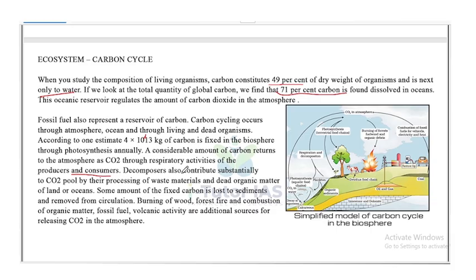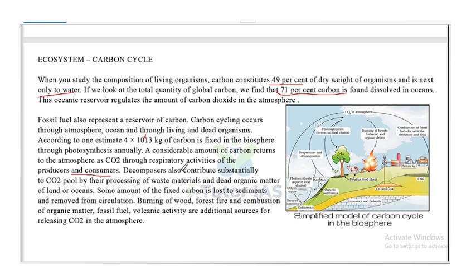Decomposers also contribute substantially to the carbon dioxide pool by their processing of waste materials and dead organic matter of land or oceans. Some amount of fixed carbon is lost to sediments and removed from circulation also.